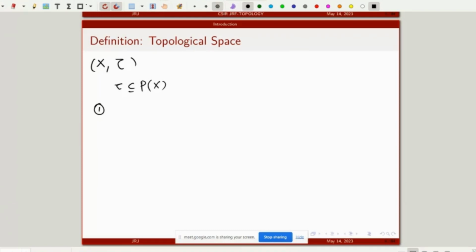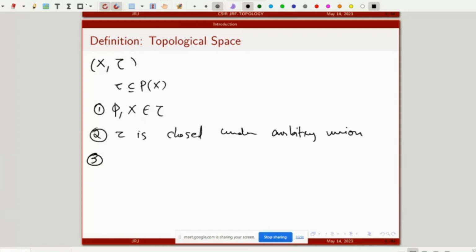Phi and X belong to tau. Tau is closed under arbitrary union. And tau is closed under finite intersection. Very good.